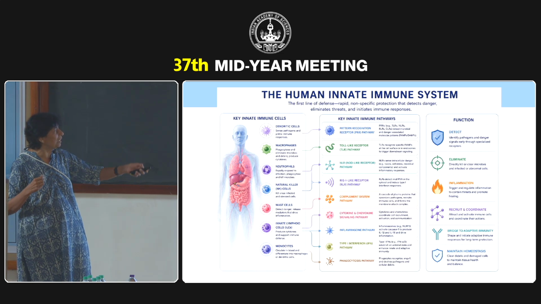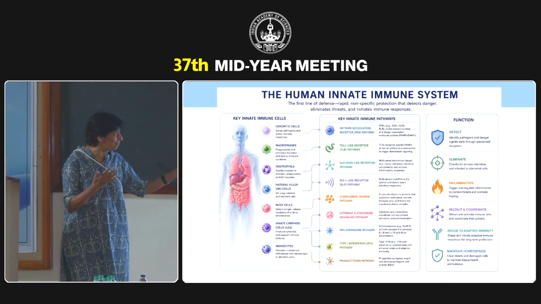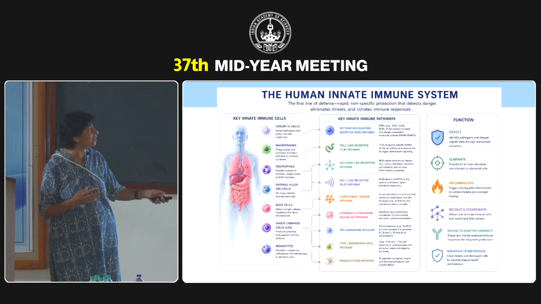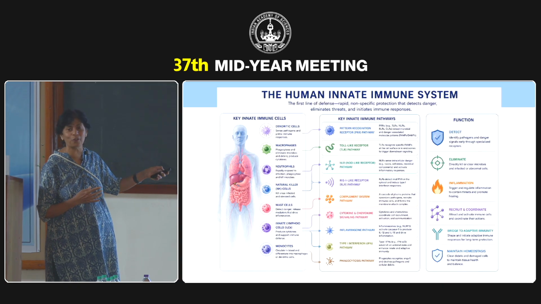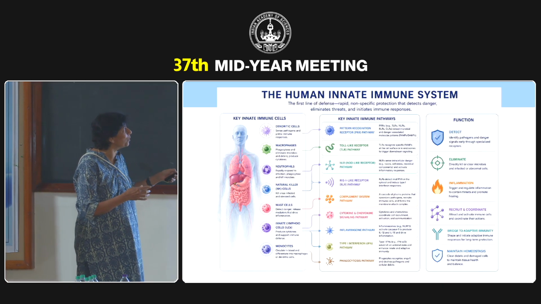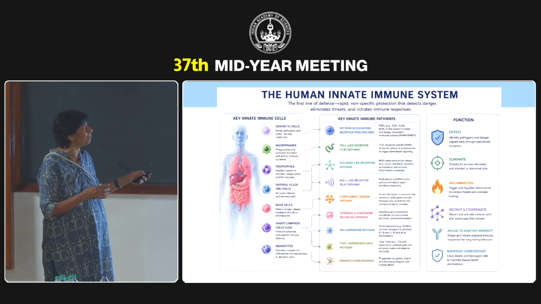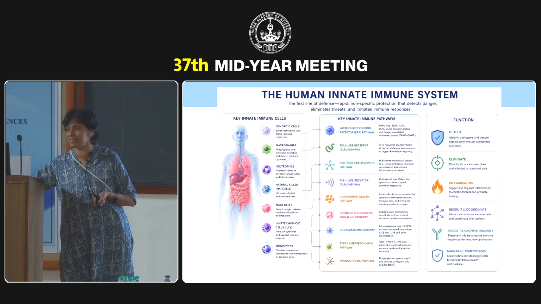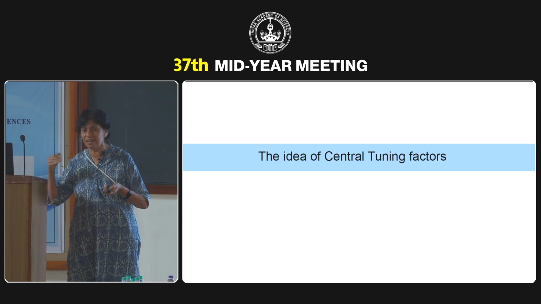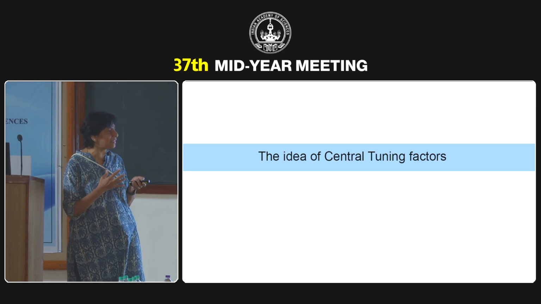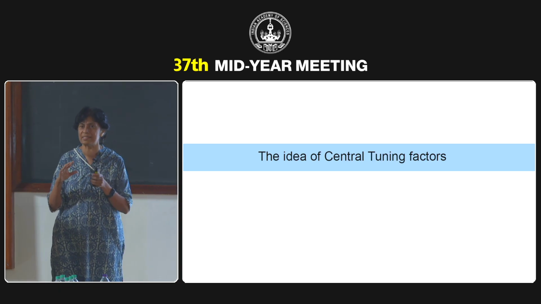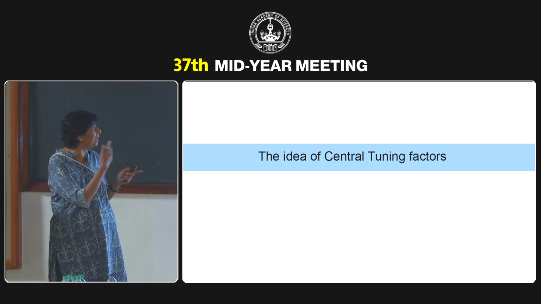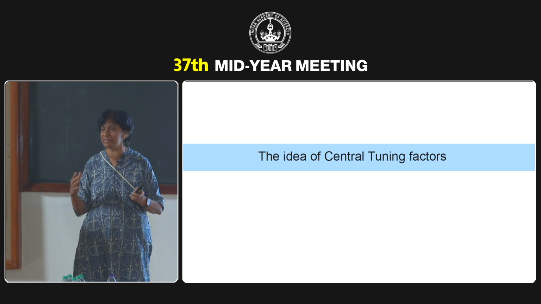So the human innate immune system is well understood. There are a number of pathways, it does a lot of functions, but one thing that I want to draw your attention to is the textbook image says it's non-specific protection that detects danger and so on. So is it really non-specific is a question that we asked, and then we wanted to understand if the innate immune system is at the common core of all of these diseases, can we identify if there are any central players in them, right?